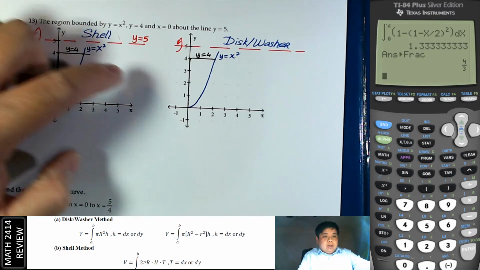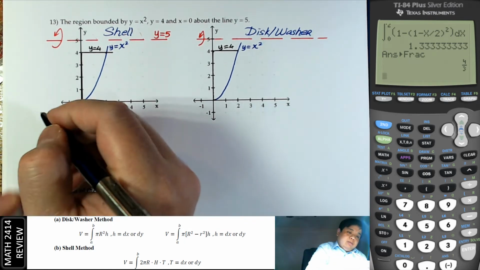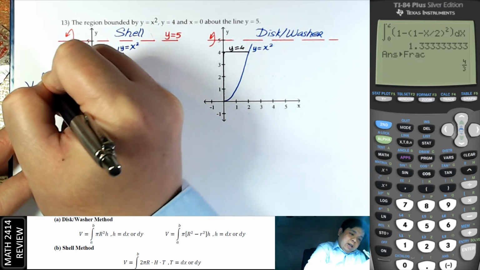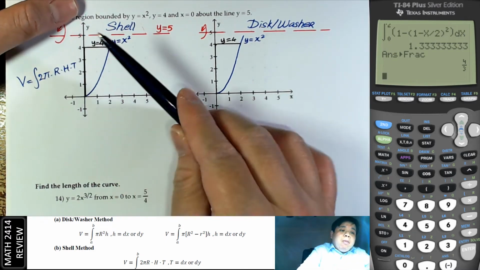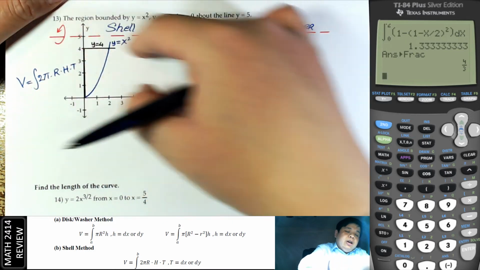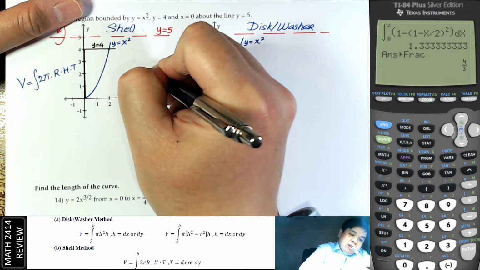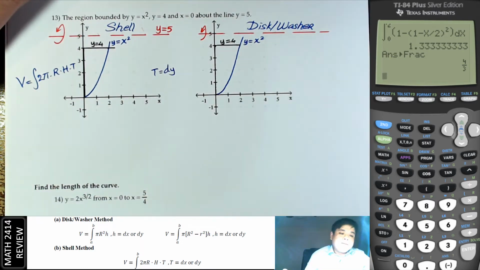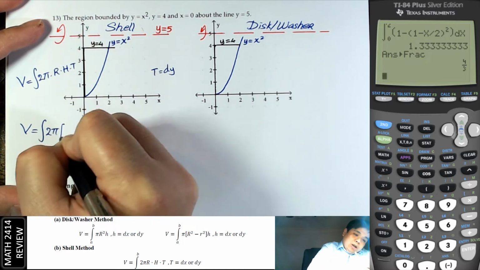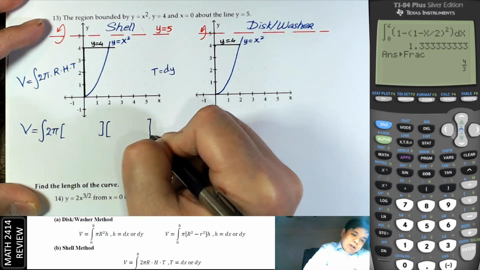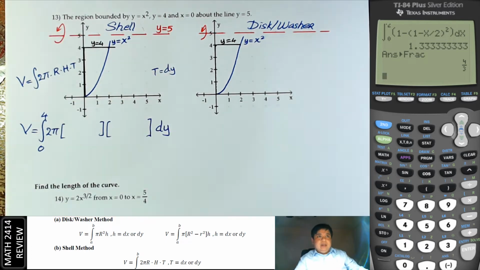So we're talking about that region rotating about the horizontal axis of y equal to 5. Now the shell method, the general formula is V equals 2 pi r h t. The thickness is perpendicular to the axis of rotation, horizontal, so that t is going to be vertical, so t in this case is dy. So we set up the integral 2 pi, something for r, something for h, and then dy, where y goes from 0 to 4.